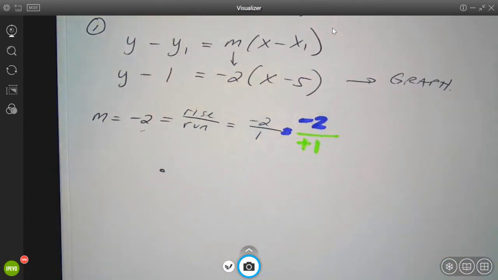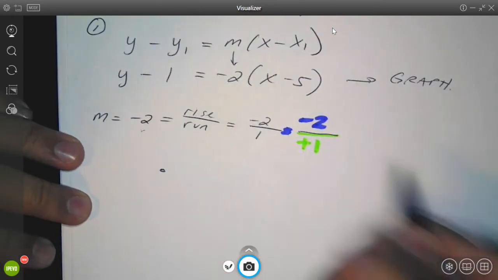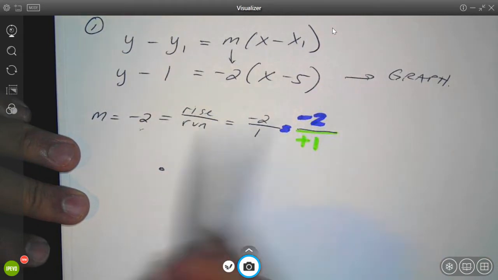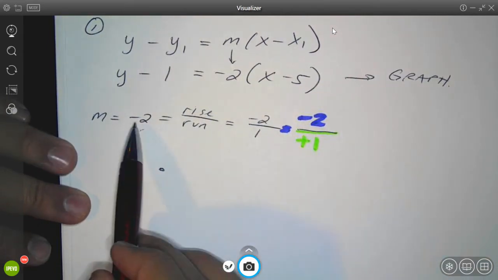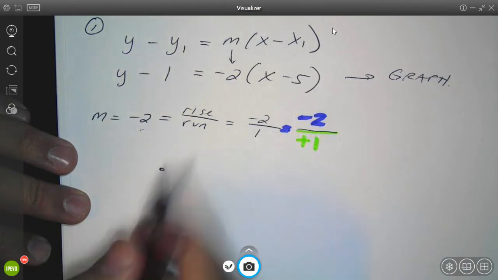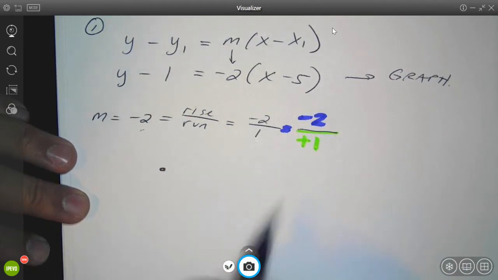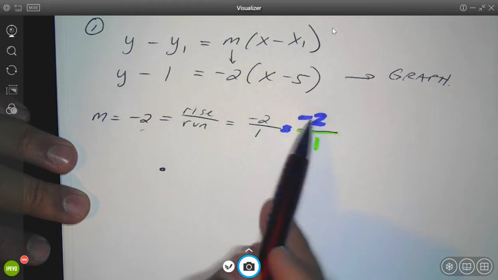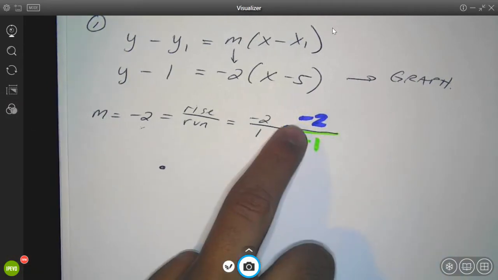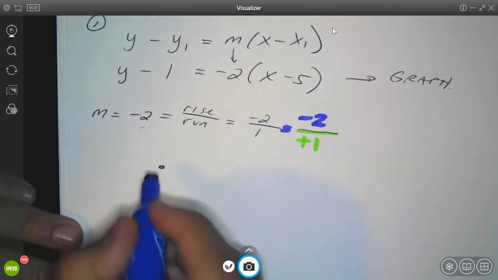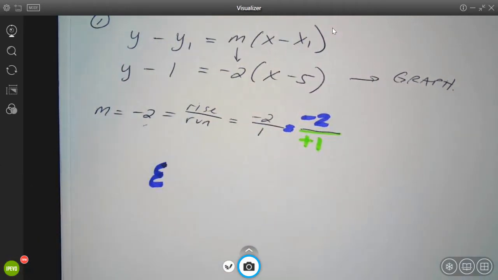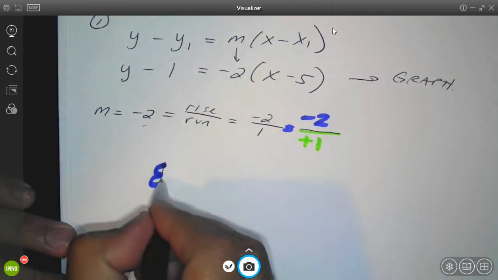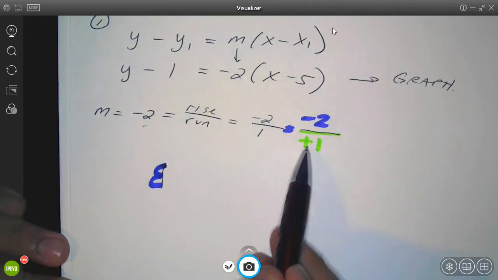So my rise is -2, my run is +1. Notice how -2 divided by +1 is -2. So if I have a point, my slope says that I'm going to rise -2, which actually means that we're going down 2 units. See? Notice I went down 1, down 2, and then we're going 1 to the right.